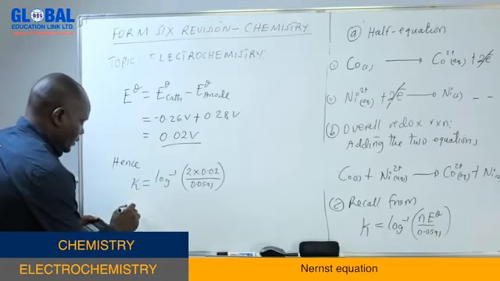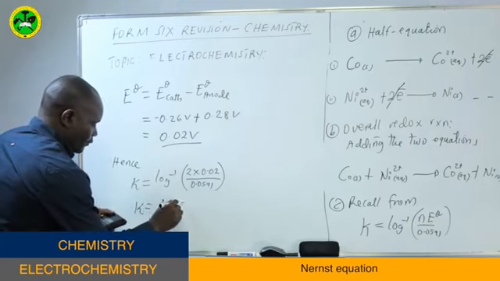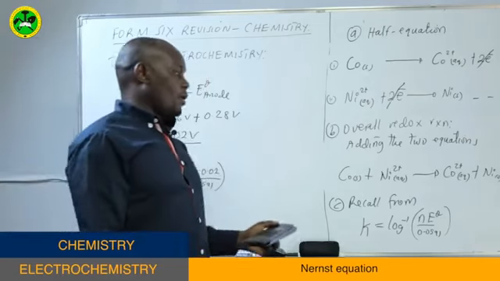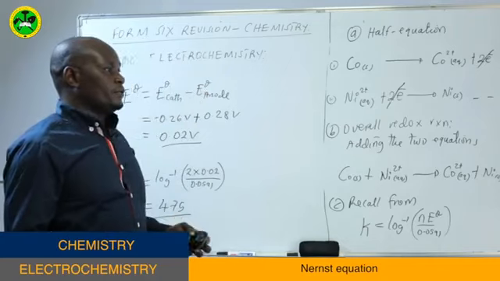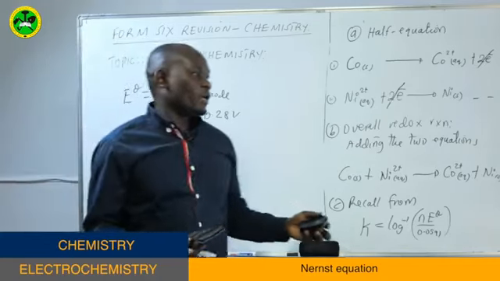You get K equals 4.75. So that will be the equilibrium constant of our cell. So now from that equation, it means that you have obtained the equilibrium constant that you were asked.